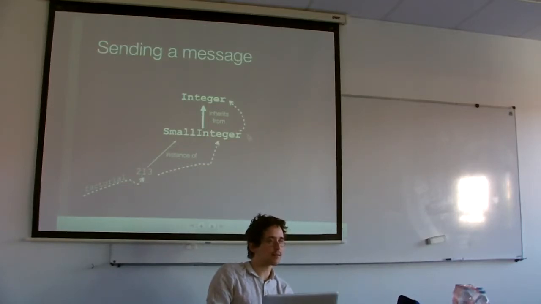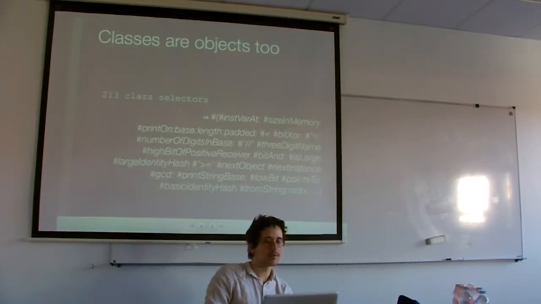You go in the class, which is SmallInteger, and if you find a method that corresponds to factorial, you execute it, else you go in the superclass. So quite the same thing as in other object-oriented languages.